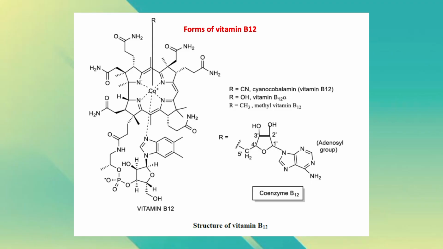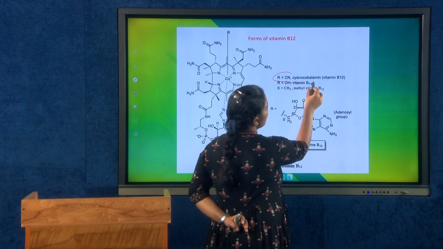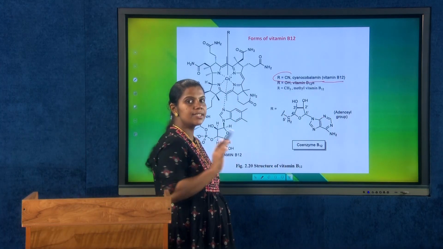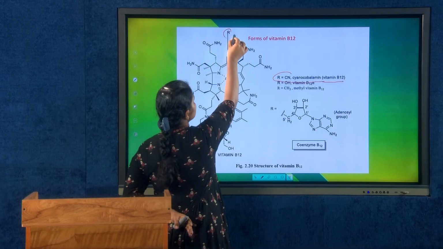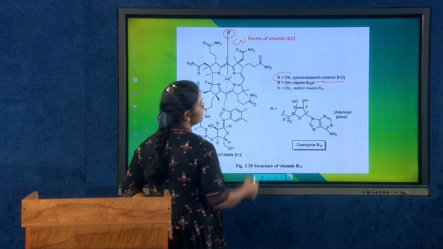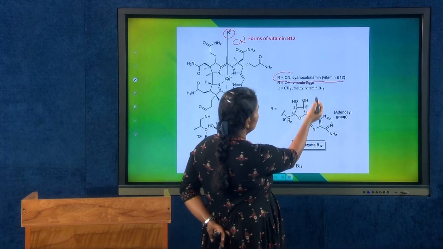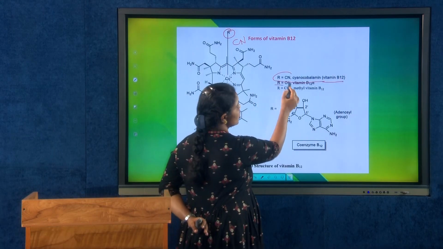Now we will see the different forms of cobalamin, that is, different forms of vitamin B12. As I told, the commonly occurring one is cyanocobalamin, the synthesized vitamin B12, where the R group is cyanide. In vitamin B12 alpha, the R is replaced from CN to OH.